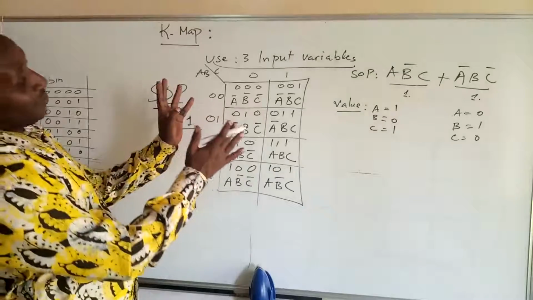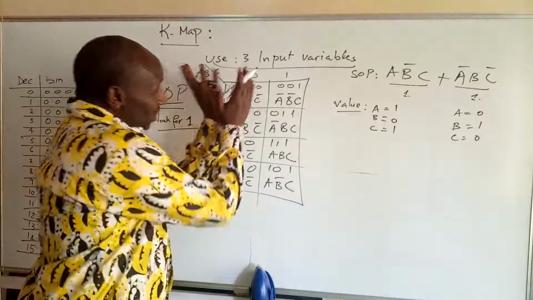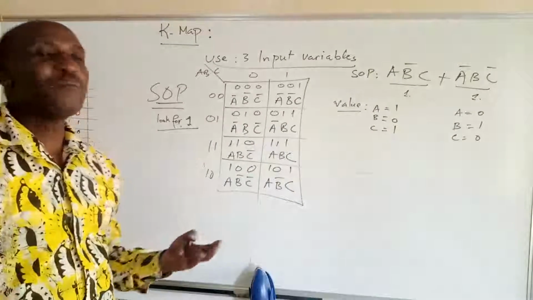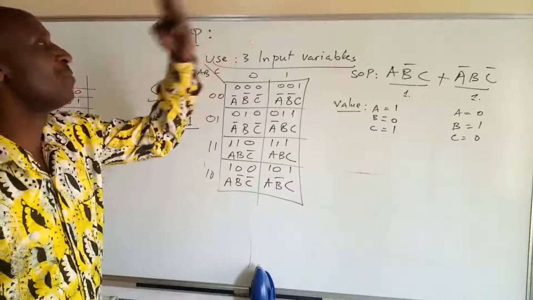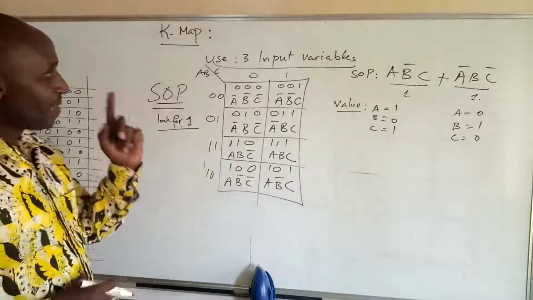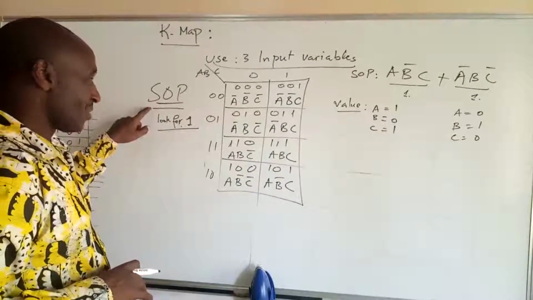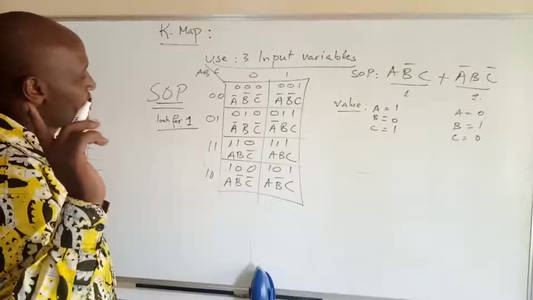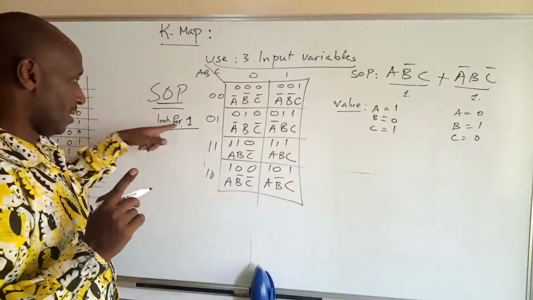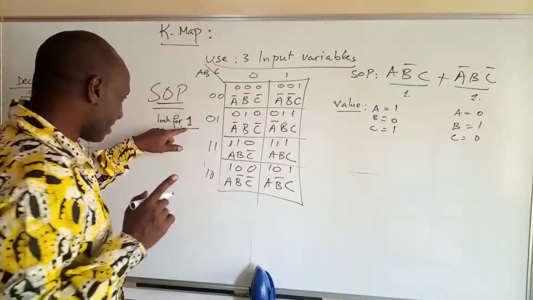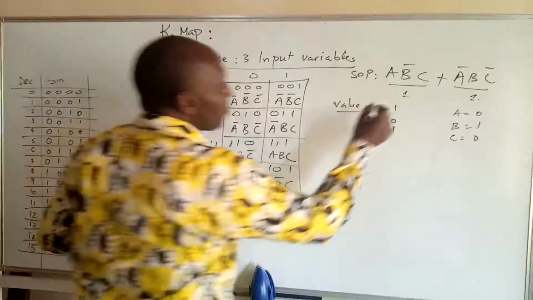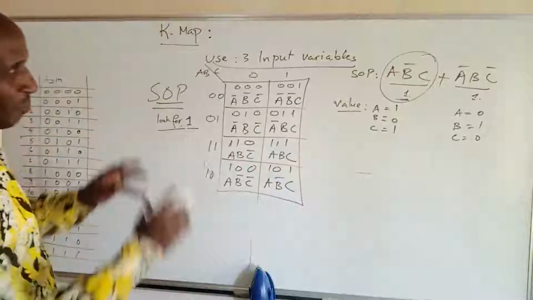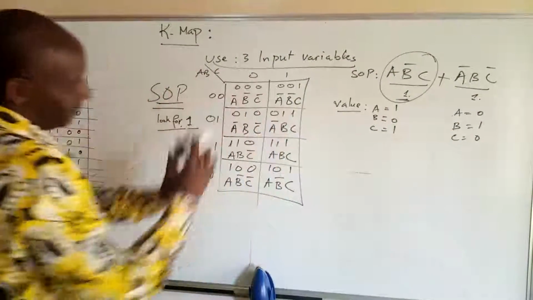So as you can do it for 3 input variables, you can do the same for 4 input variables. Just remember, as a sum of product, we want the cell to be 1. We want the product term to be 1.